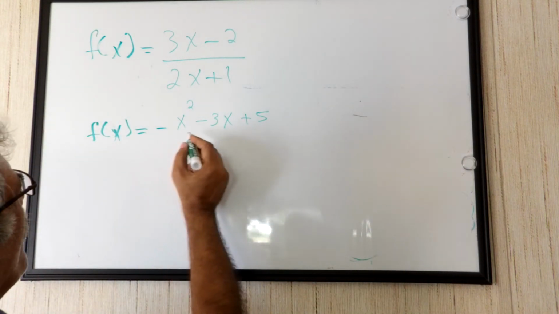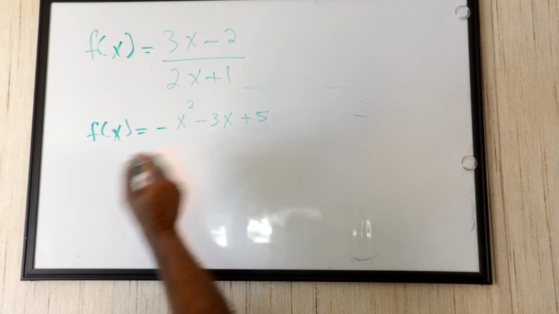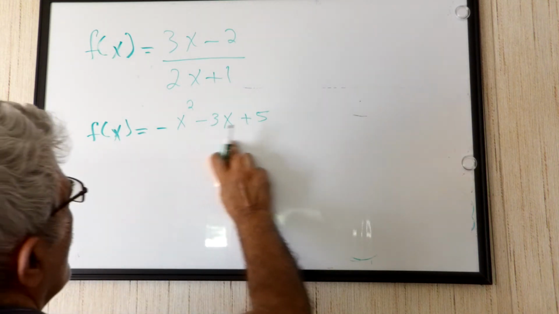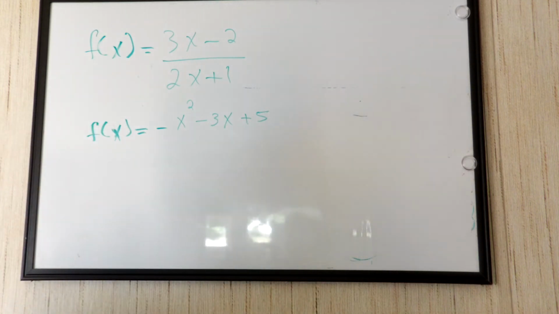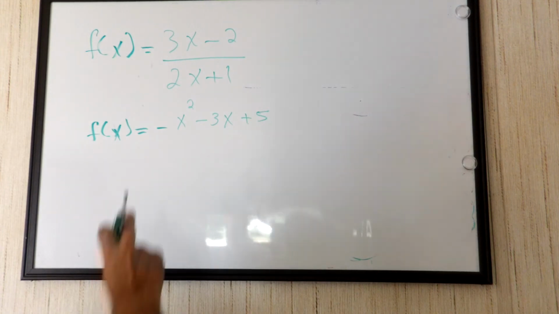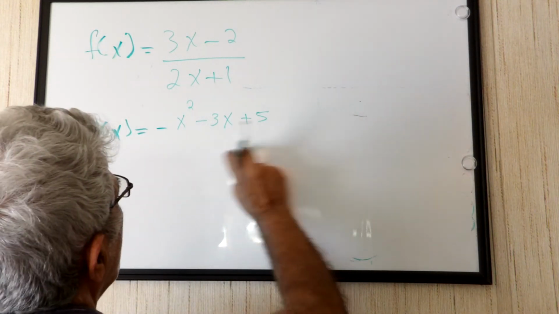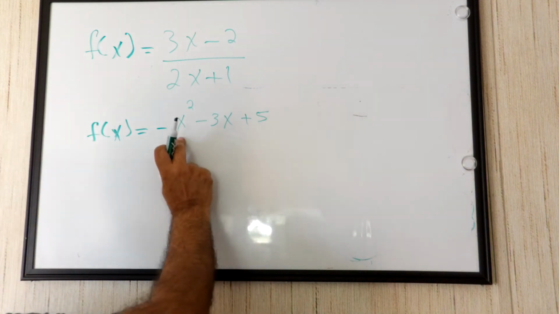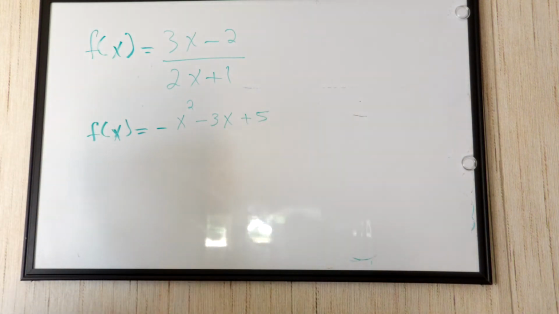If you find what it's going to be, it's hard to find. If you multiply them, you're going to get 5, or if you multiply the negatives you're going to get the positive sign here. Sometimes it doesn't work.